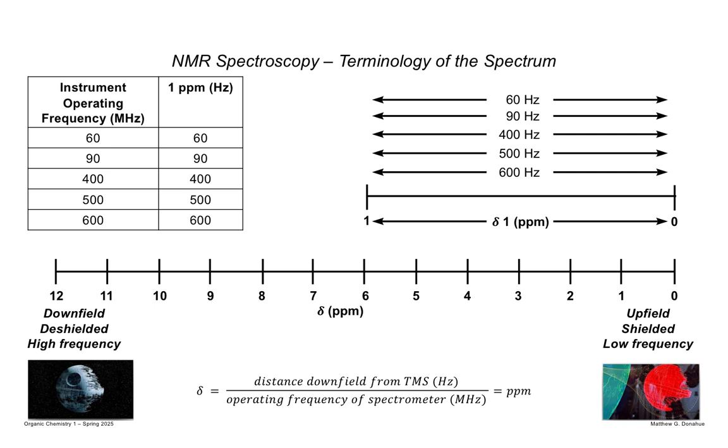So, circling back about terminology, we talked about the Greek letter delta. Delta is the chemical shift, and that's reported in parts per million. The spectrum line width you see there is for proton, and notice it runs from 0 on the right to about 12 on the left.